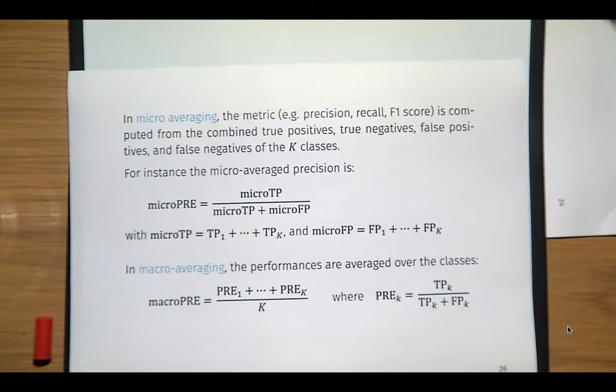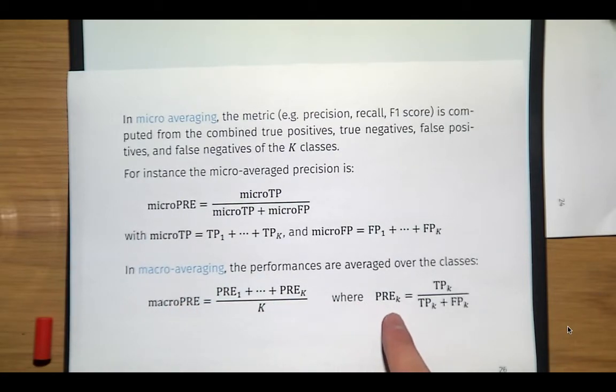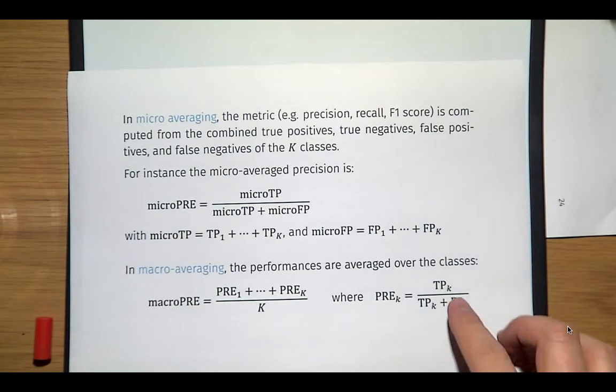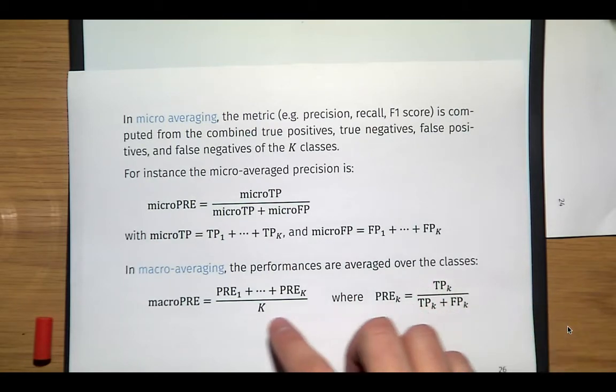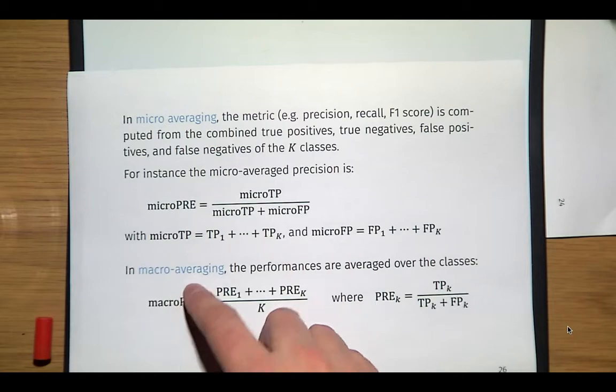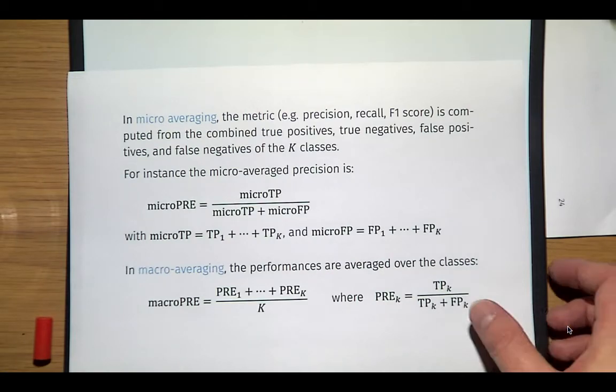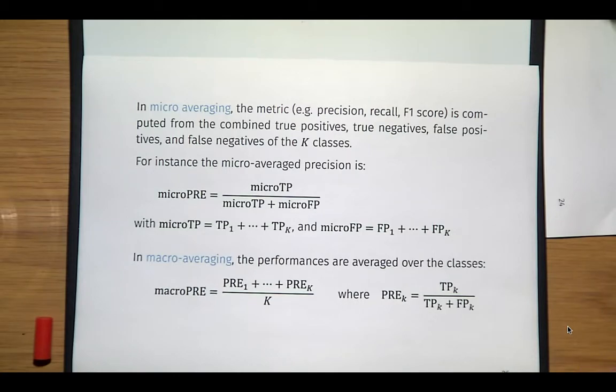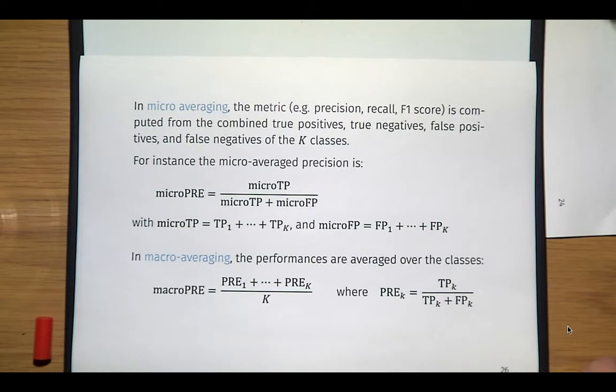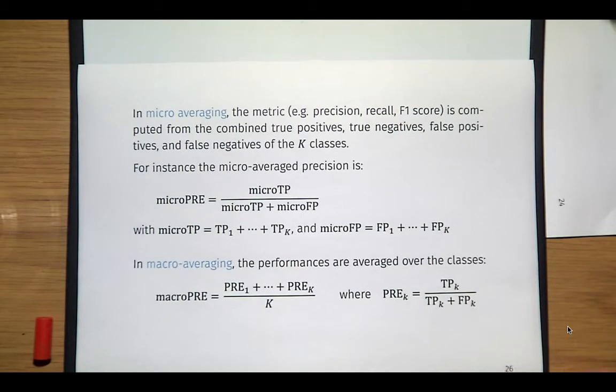Either you change the definition of what a true positive is, or you don't change the definition of your true positives, but for the macro, you just average over all these metrics. Just keep in mind they exist, and they will give you different results, of course, okay? So it's easy to find the metric that makes your results more flattering than the opposition. There's always one metric somewhere that will help you.